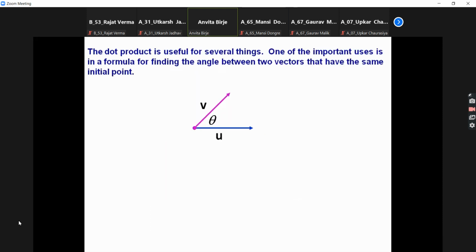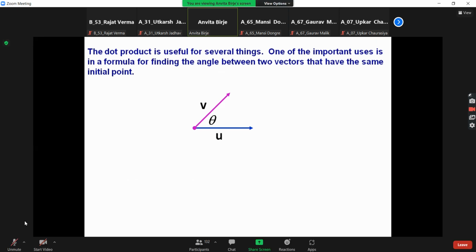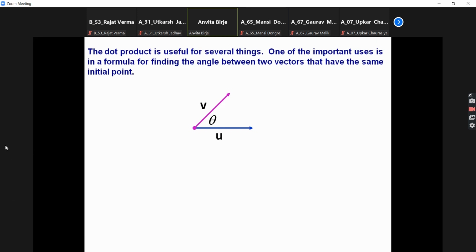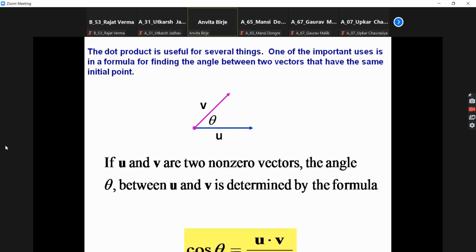So where is this dot product used, what is the application of this dot product? When you take the dot product of two vectors, it is used in calculating the angle between the two vectors. So U and V are two vectors and the angle between them is theta. Suppose U and V are non-zero vectors; then the theta value can be calculated by the dot product.